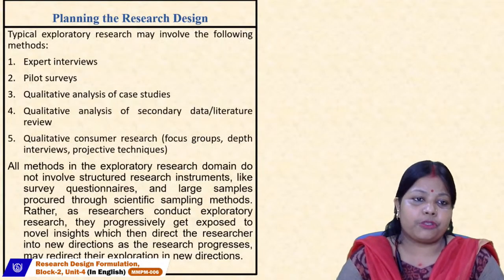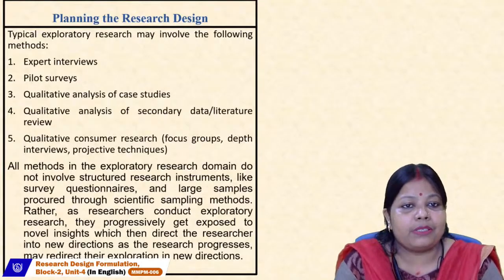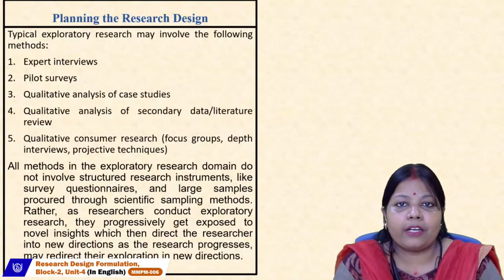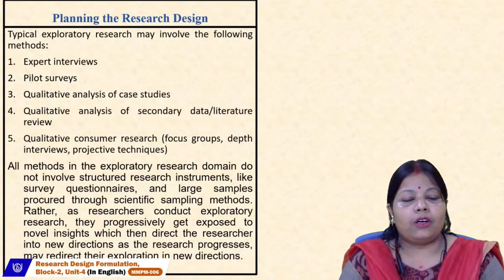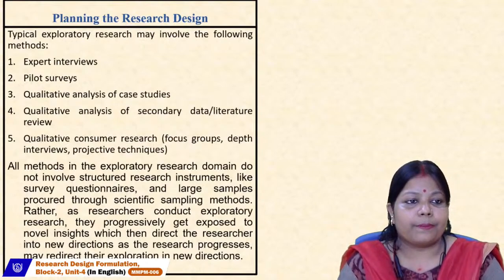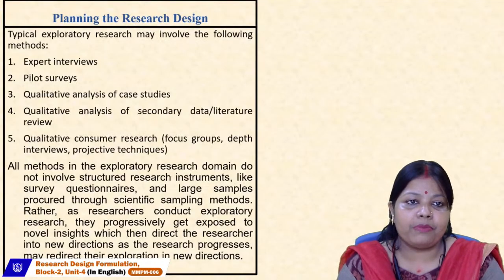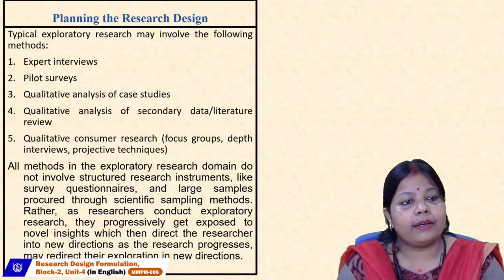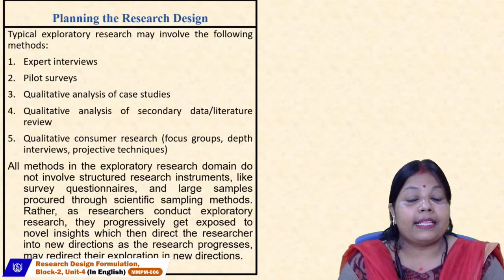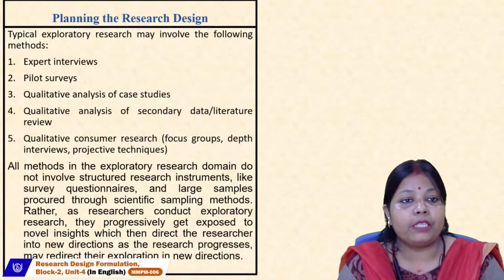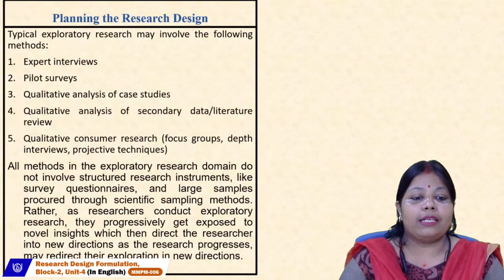It depends upon the situation. Suppose only expert interviews give me adequate knowledge about the situation, then there is no need of going to any other methods or any kind of secondary source. But sometimes some research problems may require a minimum of 4 to 5 methods to be applied, then only we are able to understand the research problem as well as define our research problem.